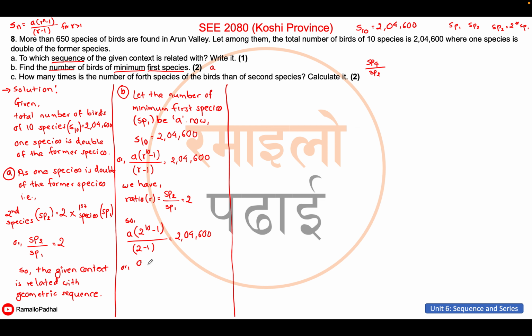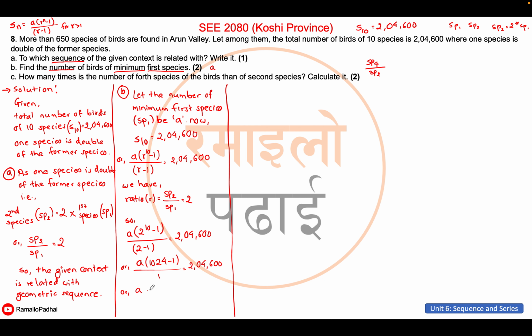What is 2 to the power 10? 2 to the power 10 is equal to 1024. So 1024 minus 1 upon 2 minus 1 is 1, equal to 2,04,600.